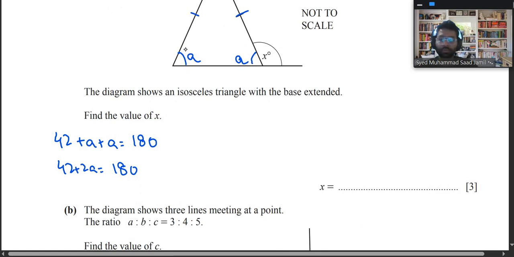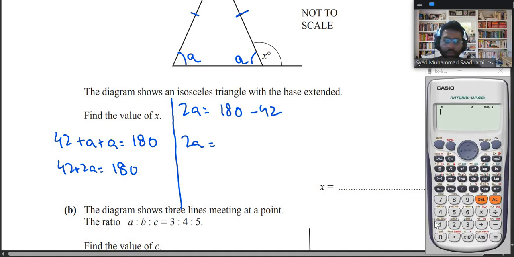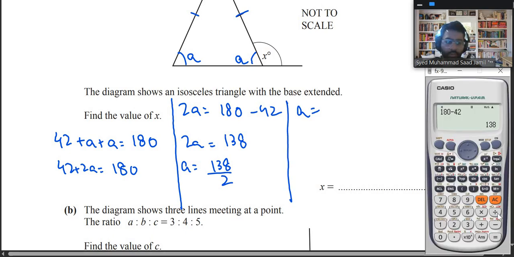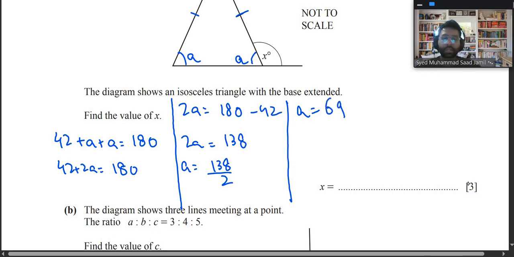So now we will say 2A is equal to 180 minus 42. 2A is equal to 180 minus 42, it's 138. Alright. A is equal to 138 divided by 2. A is equal to 69. Now look, A is an interior angle and X is an exterior angle.